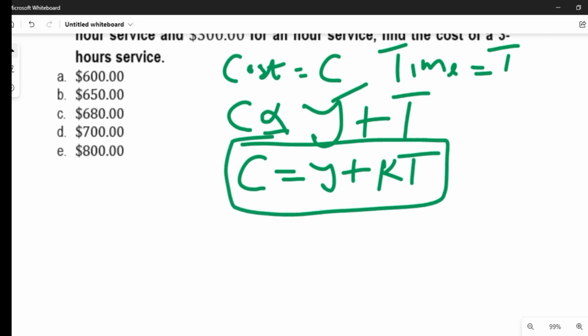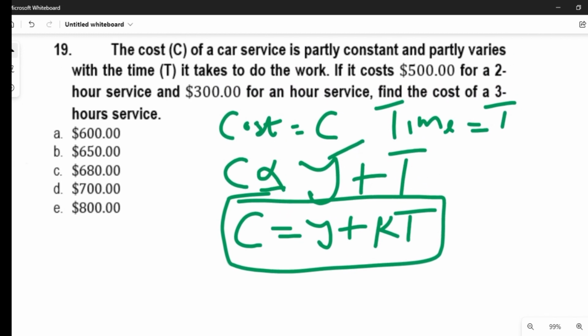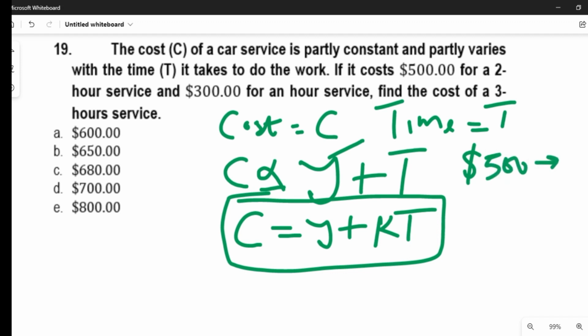Now the question says it costs $500 for a 2-hour service, and then we have $300 for a 1-hour service.